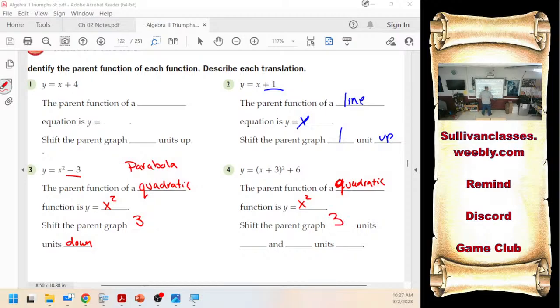I'm going to go 3 units left. And I've got a +6 outside the grouping. 6 units up. Okay, now I said these do get more complicated.